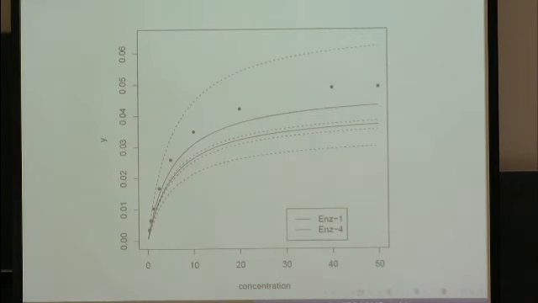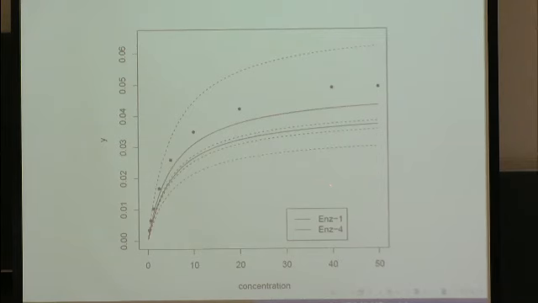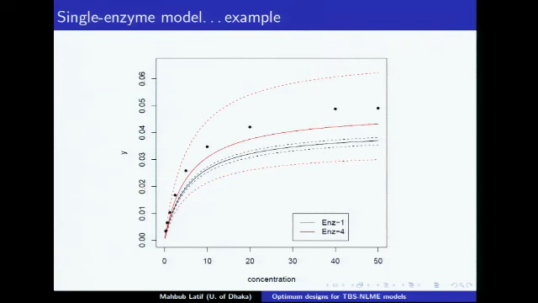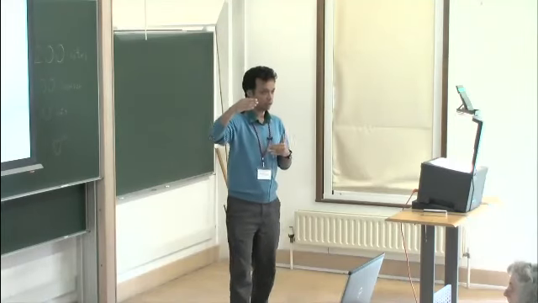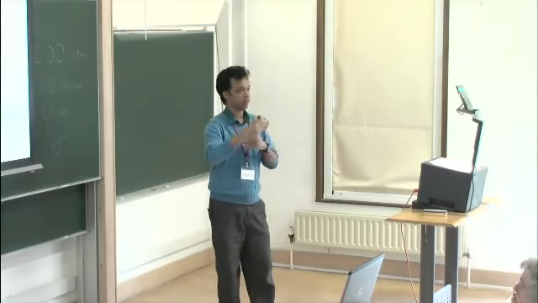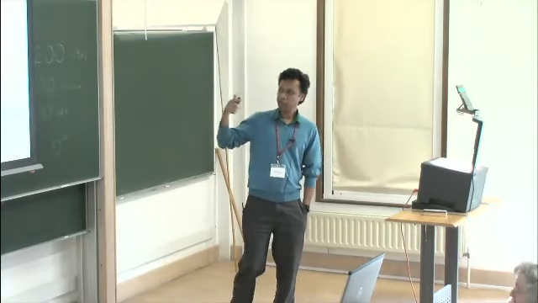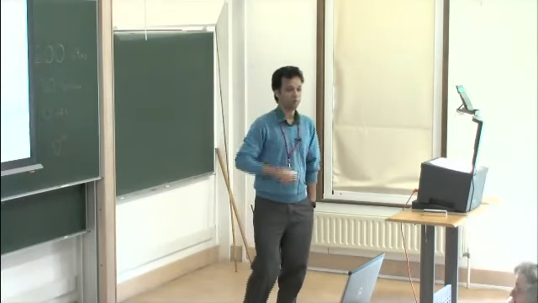Since we have many activity values, in this fitting we use the median activity value, in the red dotted line we use the third quartile of the activity values, and here the first quartile. So you can see that if you change the activity value of enzyme 4, you can cover a big region of space, whereas if you change the activity value for enzyme 1, you just cover a small space. So an enzyme being important means whether it covers a big space or not. Okay.